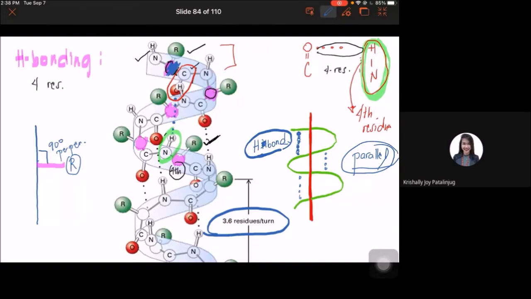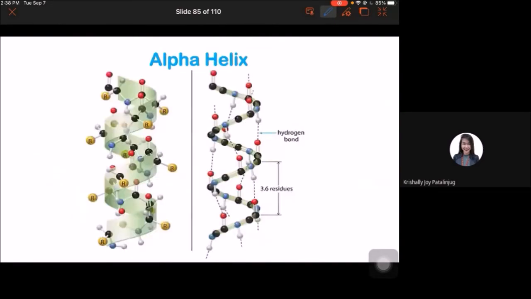Another figure is this one. This actually summarizes what I discussed earlier. First, the one in the middle, highlighted in blue, is the axis of rotation.